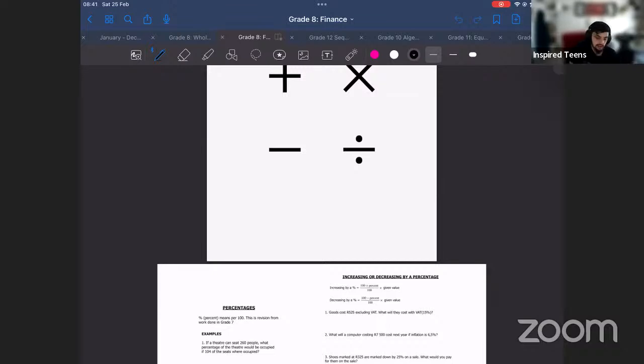Common fractions is my guess. Exponents. Okay, exponents is a bit ahead. Some people are still in HCF, LCM. Okay, mixture.